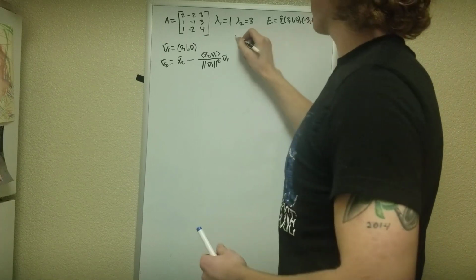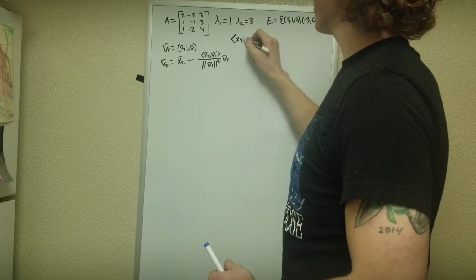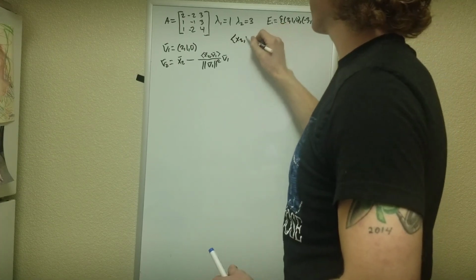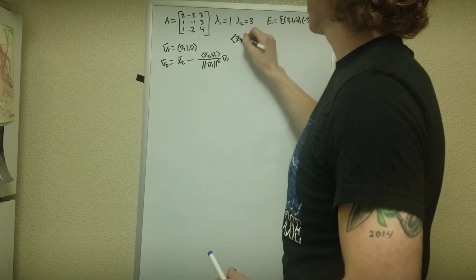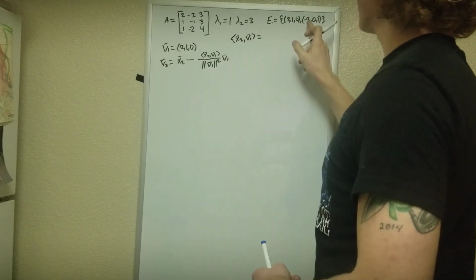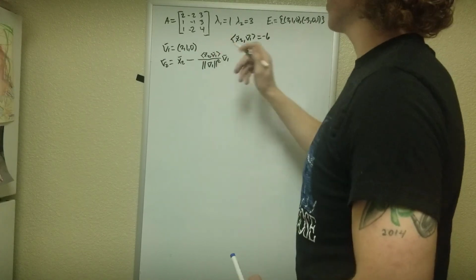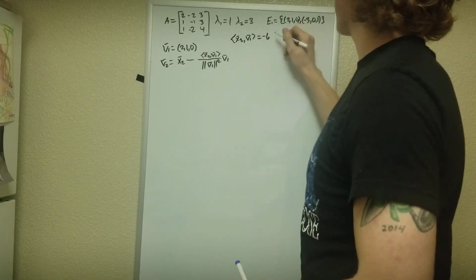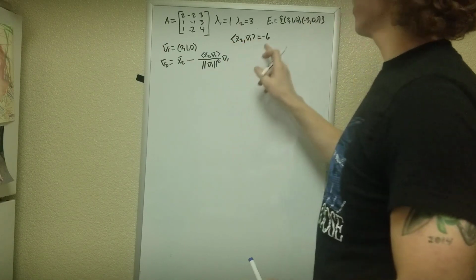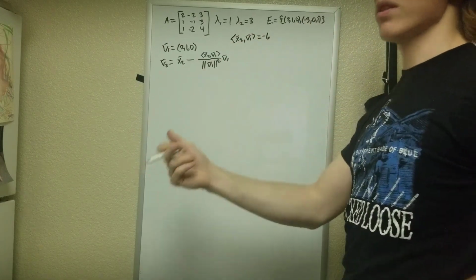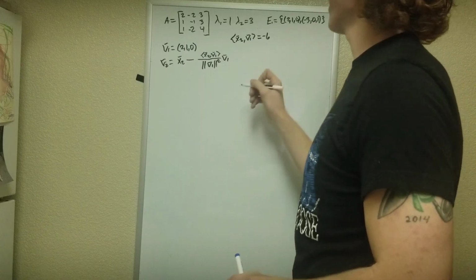So the inner product of the second vector of the eigenspace with the first vector of the orthogonal basis would be, let's see, negative 3 times 2 is negative 6, and then 0 times 1 is 0, and 0 times 1 is 0. So the inner product of the second vector with the first orthogonal vector is negative 6.